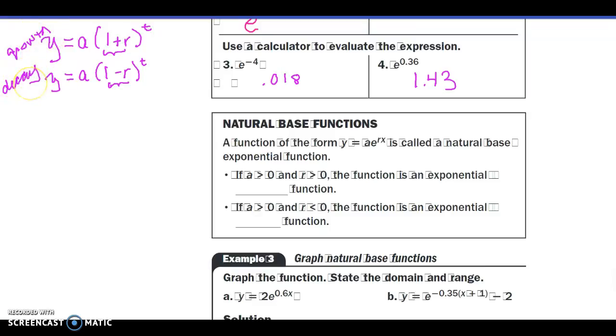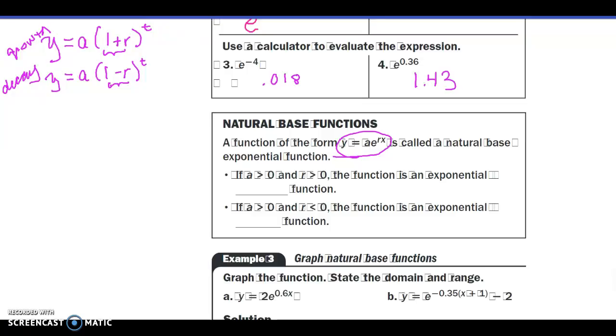Well, when we use e, it's going to be a little different. With e, here's what our function looks like. And I know that those boxes are irritating, but I think you can read it on your note-taking guide. y equals a, our beginning amount, times e to the rx power. r is going to be our rate, okay?